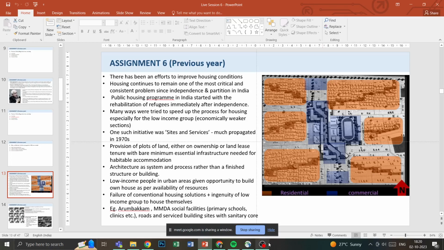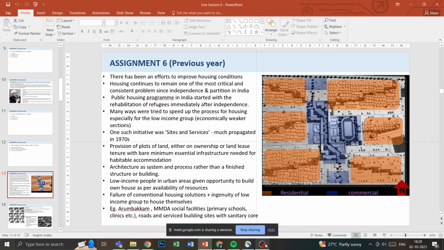What happens in the sites and services initiative is basically that land is provided, plots of land, either on ownership or land lease tenure, with the bare minimum essential infrastructure needed for habitable accommodation.